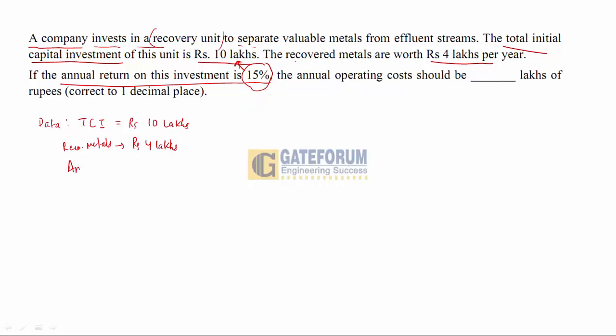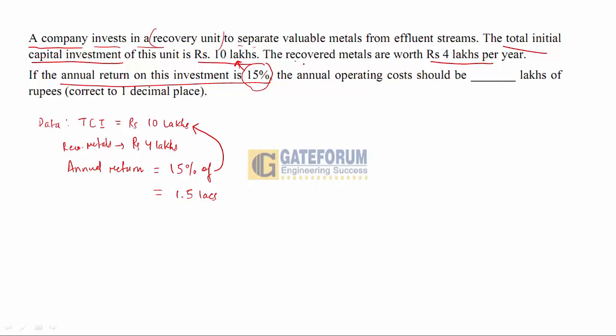So annual return, which means return per year, is 15% of this investment, means 15% of 10 lakhs. So this will be how much? From your calculator you can say that it is 1.5 lakhs. 15% of 10 lakhs is 1.5 lakhs. So our annual return is 1.5 lakhs.